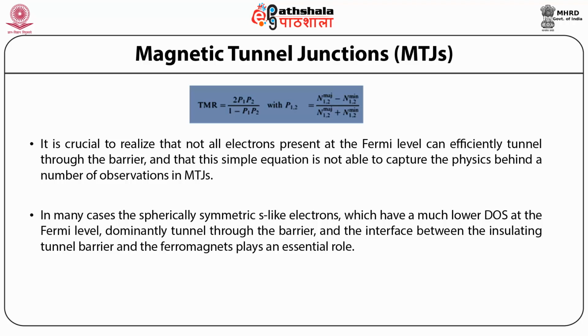Nevertheless, this expression clearly demonstrates the presence of the magnetoresistance effect and the relevance of the magnetic character for the spin polarization of the tunneling electrons. Moreover, it shows that so-called half-metallic metals, with only one of the two spin species available at the Fermi level, in principle engender infinitely high TMR.